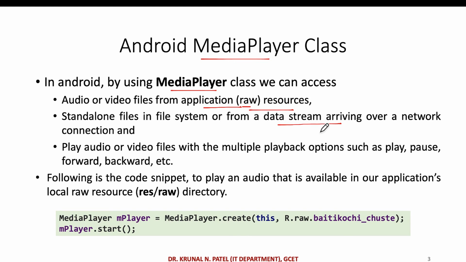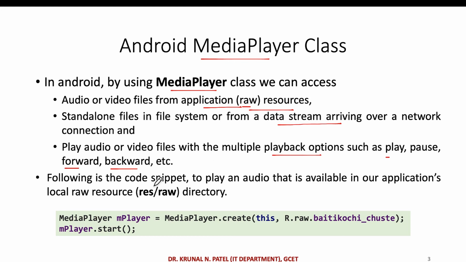Second way is if you want to play audio or video files from the internet directly, right, from some remote storage. So that can also be possible here. Playing audio or video files with multiple playback options, right? So we already know about the playback options like play, pause, forward, backward, seek, right? So with the use of it, you can also create the application.